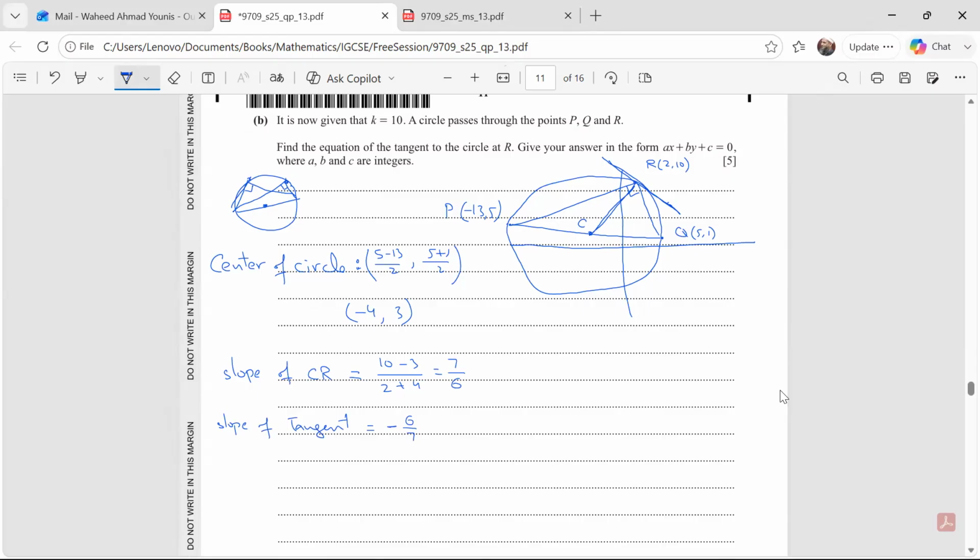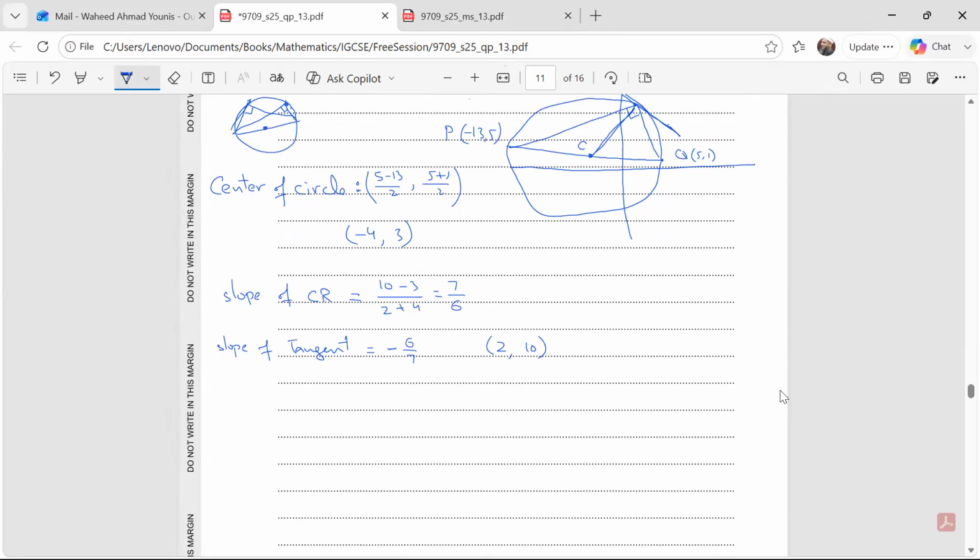Now this tangent line has this slope and it is passing through this point. So now to find the equation of this straight line is easy. In this type of thing, we do y2 minus y1 equals m times x2 minus x1. No, sorry, I should just say y1 and this is y, and this is x1 minus x.